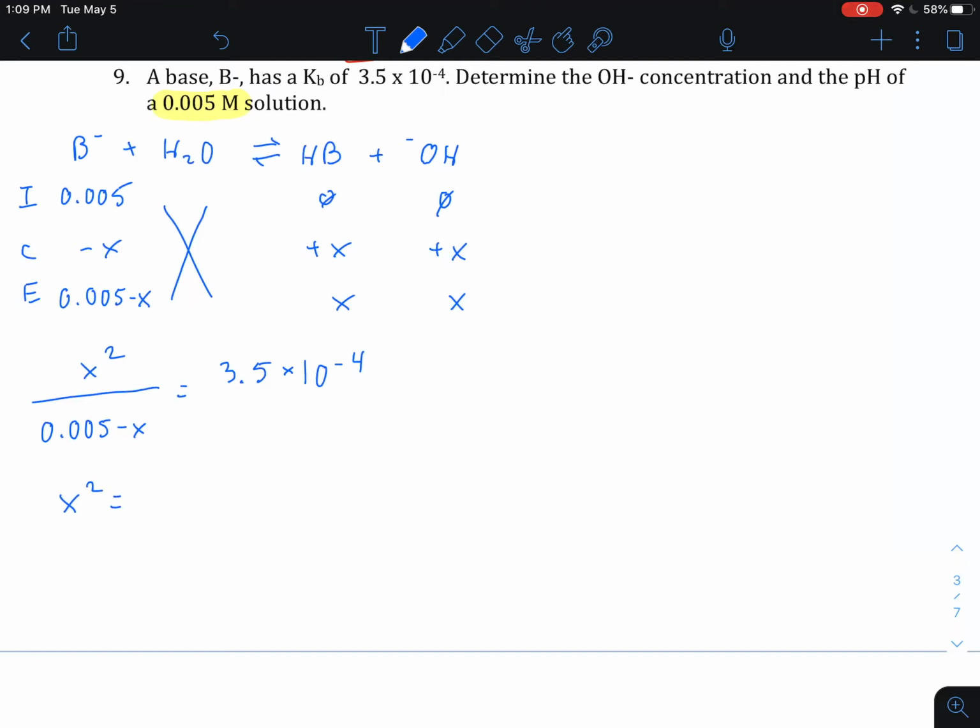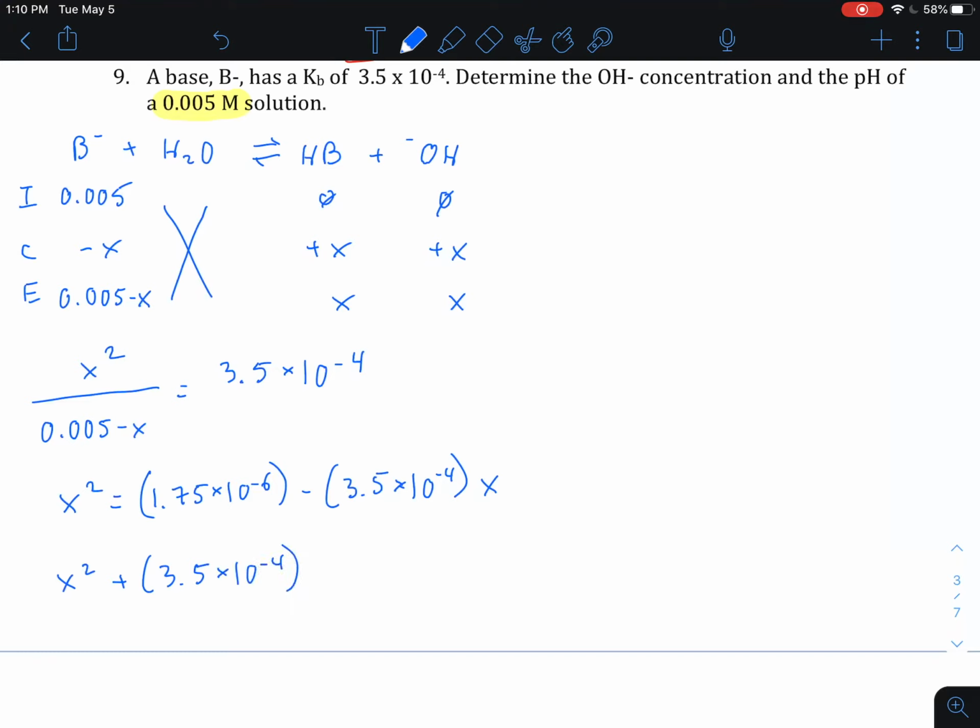I can cross multiply, then rearrange. So I get x squared equals 1.75 times 10 to the negative 6 minus 3.5 times 10 to the negative 4 x.